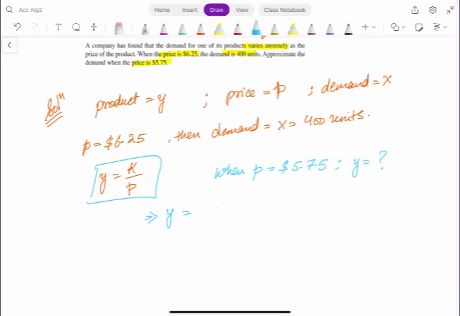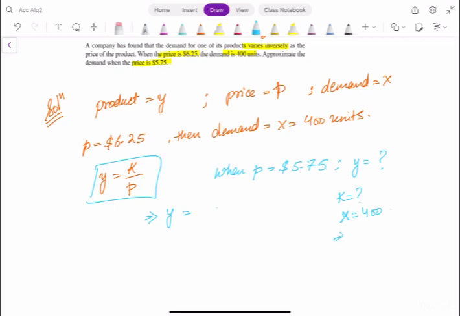So p will take 6.25, and I need to calculate the constant. We can interchange. We can say the product is x and the demand is y. Whatever works for you, it is just playing around with the variable, but the concept is the same, that y is equal to k over p.